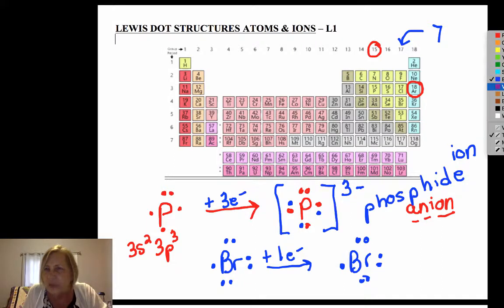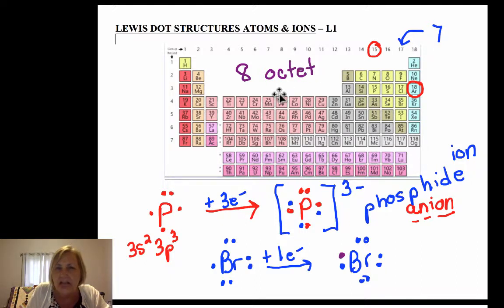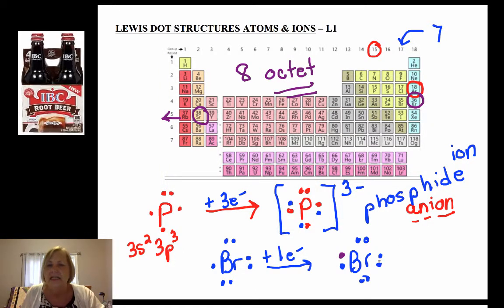If it gains 1 electron, now it has a stable octet. Not everything obeys this octet rule, but that tends to be stable. So when we had strontium, it lost 2 to be like the previous noble gas.